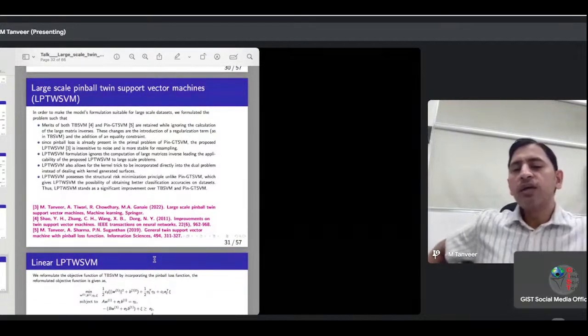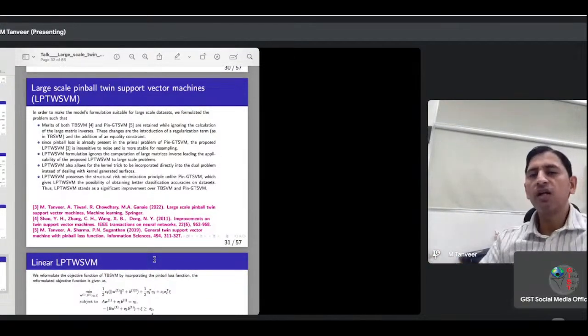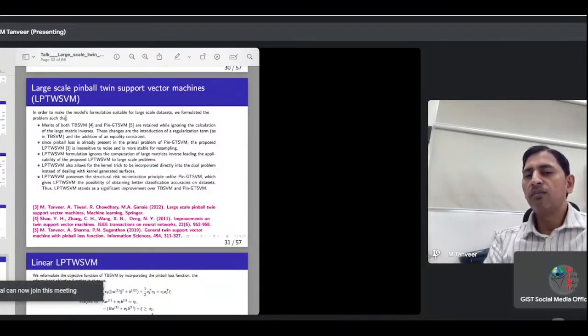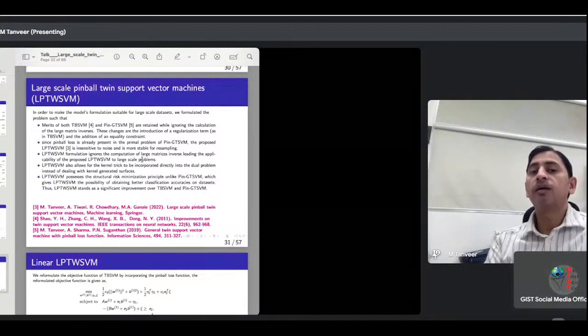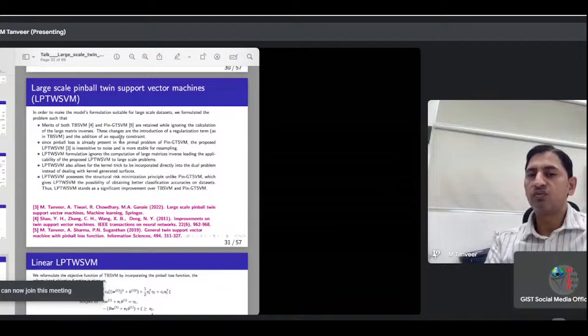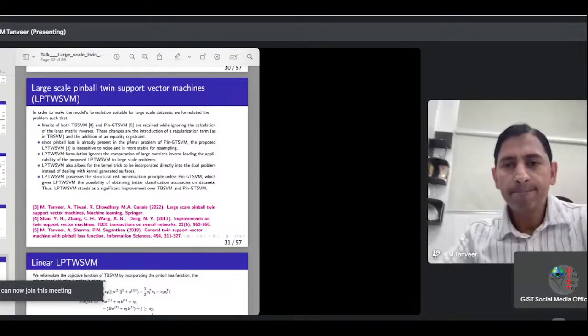Now I'm going to discuss another very efficient algorithm called large scale pinball twin support vector machine. In order to make the model's formulation suitable for large scale data, we reformulate our problem in such a manner that it merges both the twin bounded SVM and Pin-GTSVM, except the calculation of the large matrix.